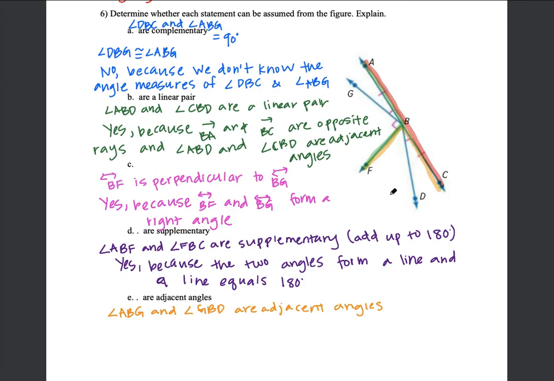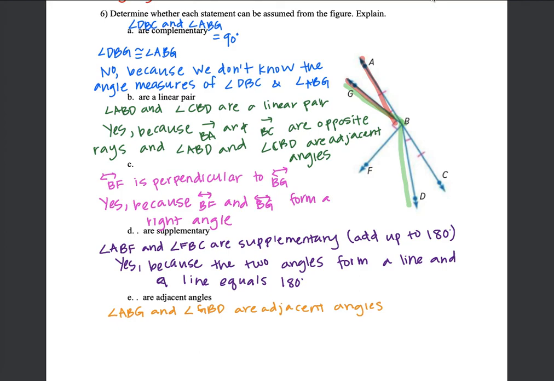The formal definition is to make sure that they have a common side, a common vertex, and no common interior points. So let's highlight them. We have ABG. ABG is this one. And GBD.